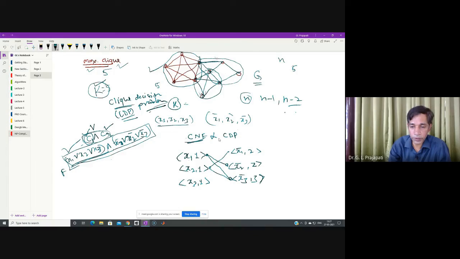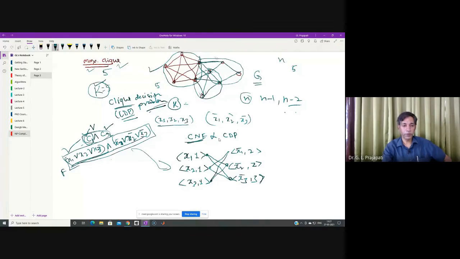Now x3 and x3 bar, you cannot have an edge, but you can have an edge from here to here, and from here to here. So this is the conversion. You know that it can be done in deterministic polynomial time. You just determine the edges' connectivity.